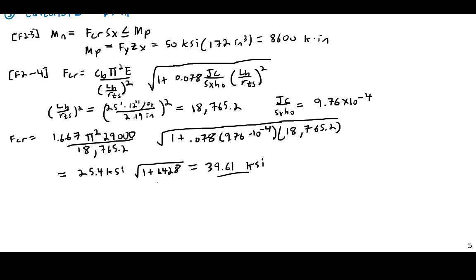So we have that, and then MN is going to be equal to FCR times SX, which is equal to 39.61 KSI times SX, which is 151 inches to the third power. Inches to the third power, and this is going to come to 5,981 kip inches.